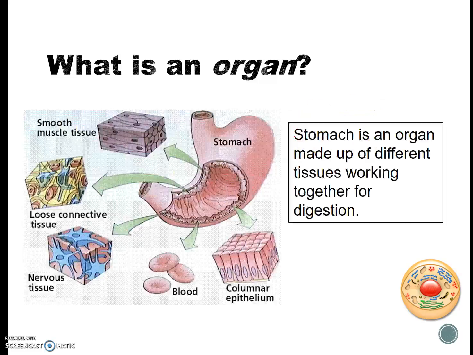For example, your stomach. You know that your stomach is made out of many different tissues, right? It has a layer of muscle tissue that allows the stomach to contract and churn. It's got connective tissue to basically hold the organ together. It's got nervous tissue to detect food, to detect the presence of substances.